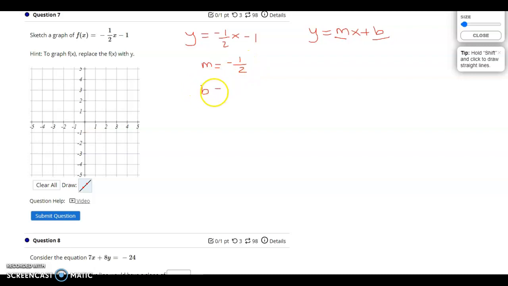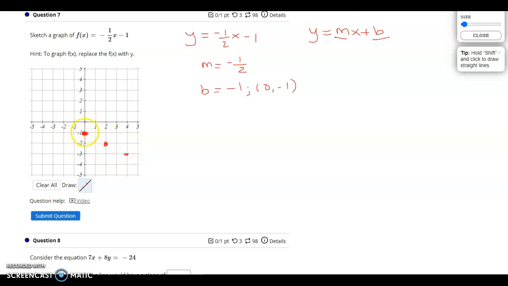My y-intercept would be -1, which also is the point (0, -1). So I'd put that point right here. You want to graph your y-intercept first, and then from that point use your slope to find the next point. So we'd go down 1 because it's negative, but then right 2. Down 1, right 2.